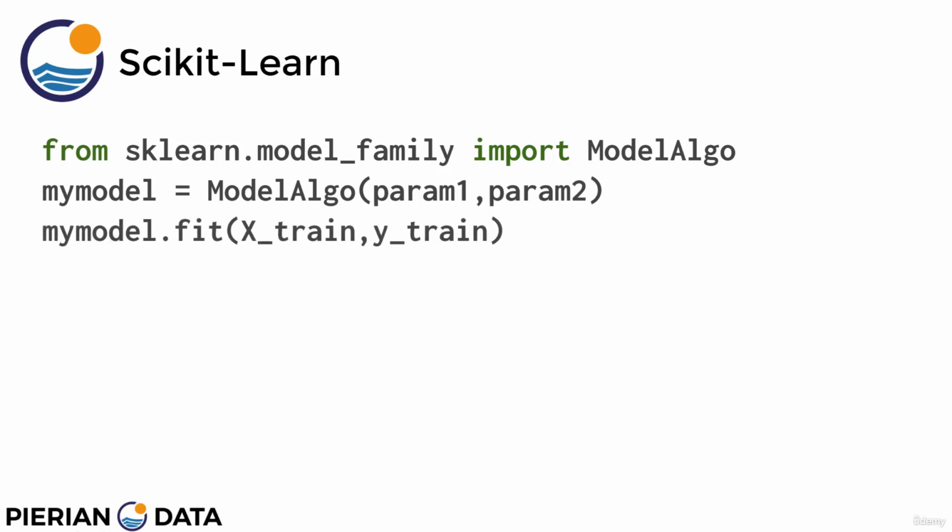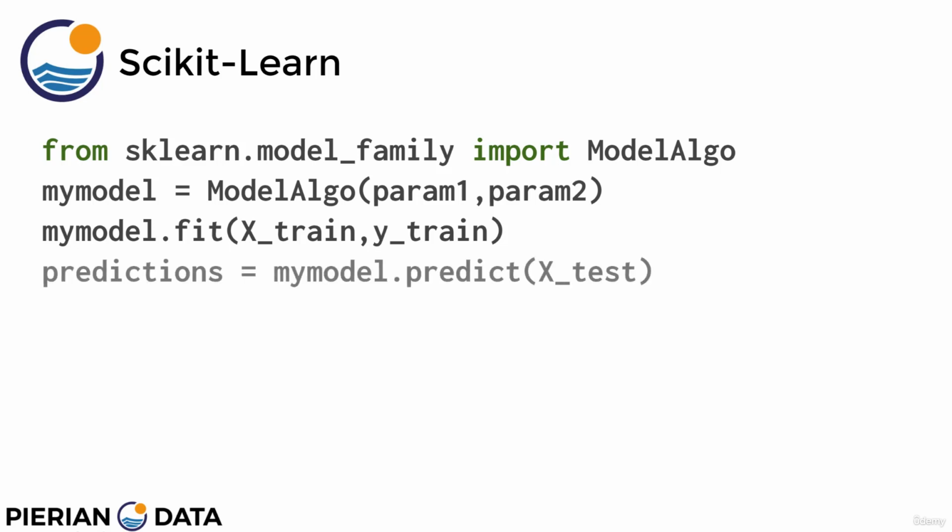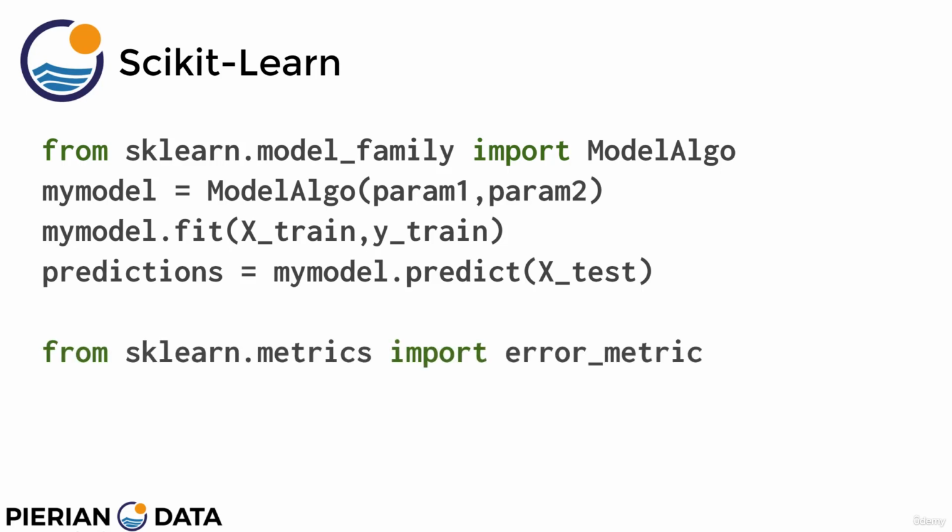Then, to train the model, you simply call my_model.fit and then pass in your training set data, X_train and y_train. Then you can easily get predictions. And if you want to compare your predictions to your known y_test values, what you do is you say my_model.predict, and then you can predict on your X_test sample, and you get your predictions.